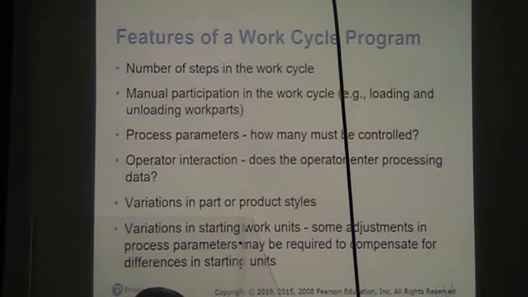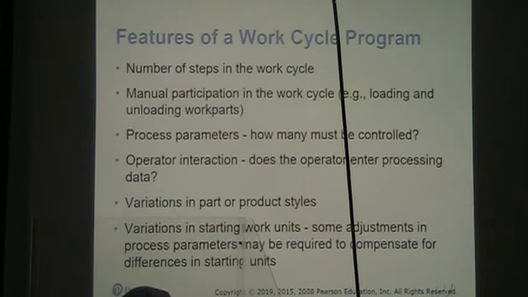All right. So, when we talk about these programs, usually we call them CNC programs. We're going to have certain things that are going to be existing in them. One of them is going to be the number of steps in the work cycle. Right? Does it take 5 steps to accomplish this operation? Does it take 50 steps?